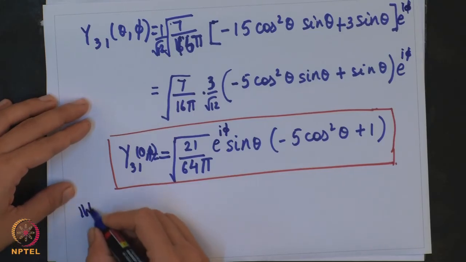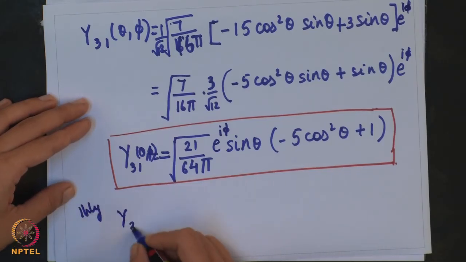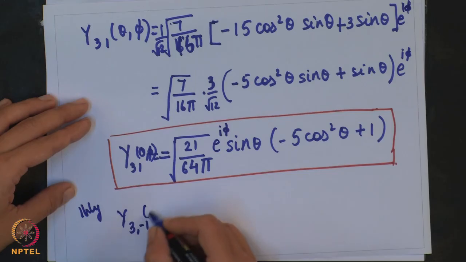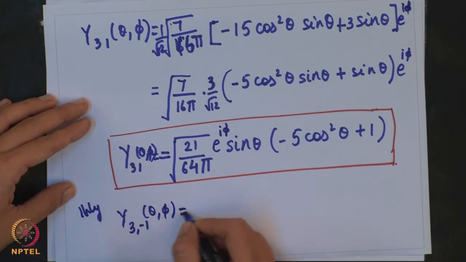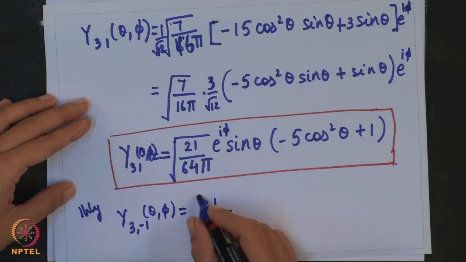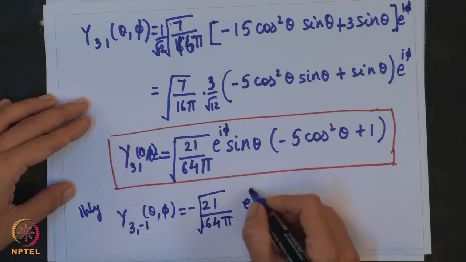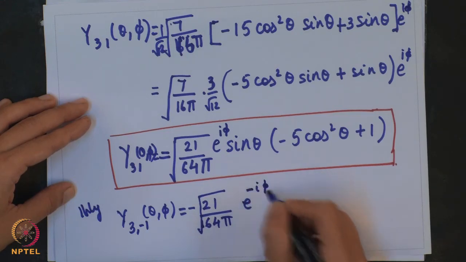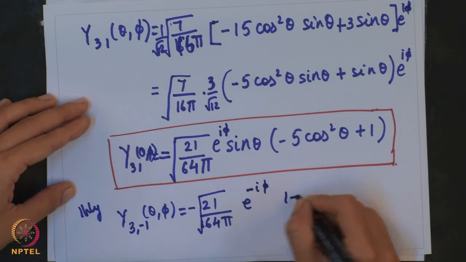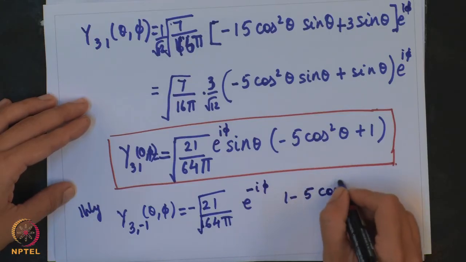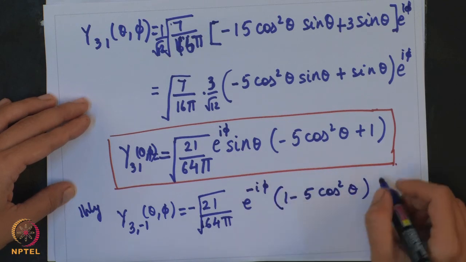Similarly, y 3 minus 1 theta phi would be square root of 21 upon 64 pi e raised to minus i phi times 1 minus 5 cos square theta times sin theta.